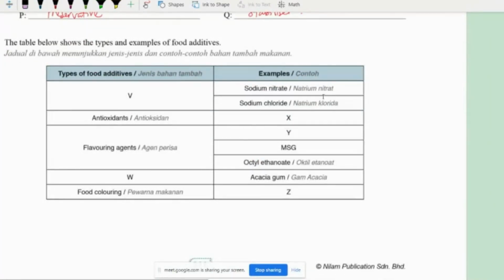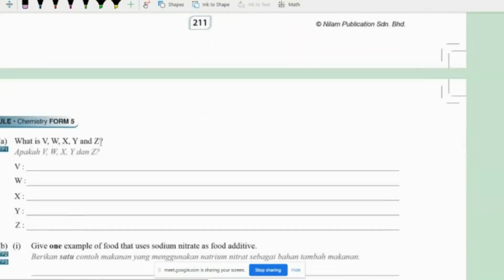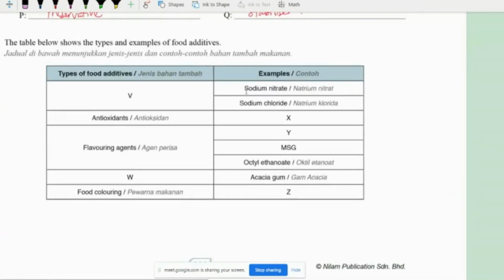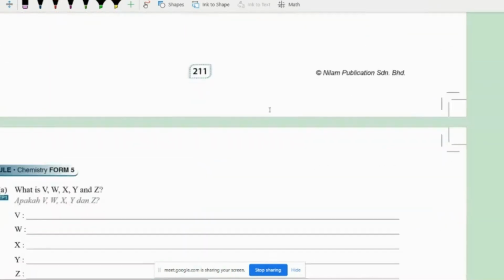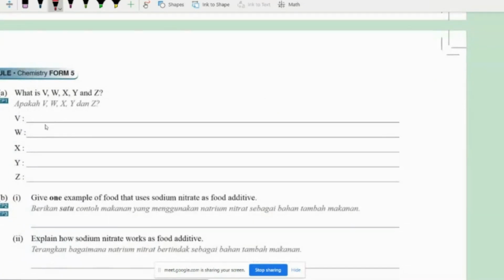Here it mentions V, W, X, Y, and Z. Now what is V? Class, you can type your answer. Anybody? What is V? Sodium nitrate, sodium chloride. Okay, V is preservative.